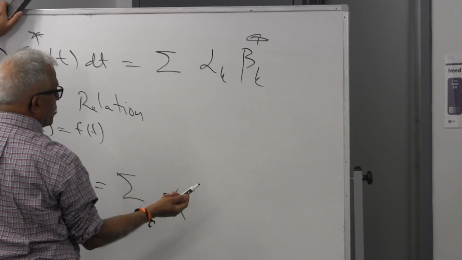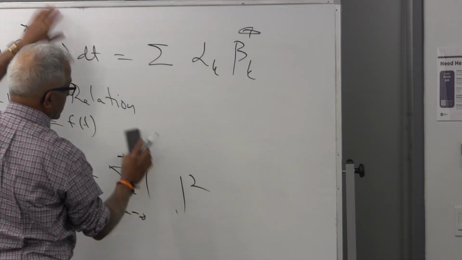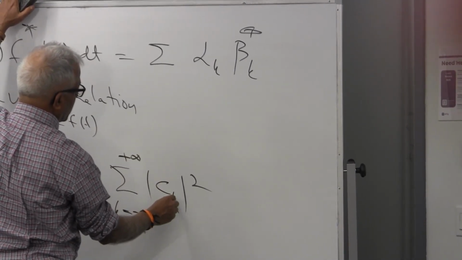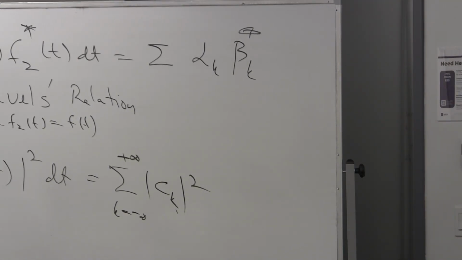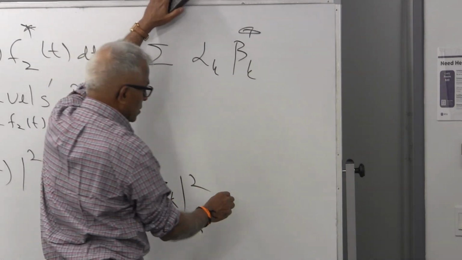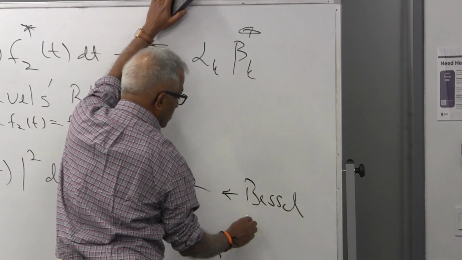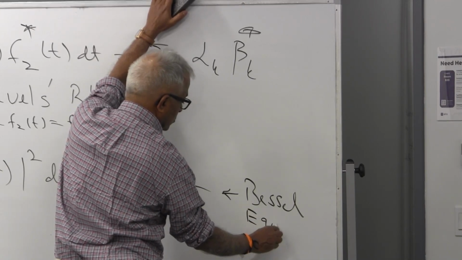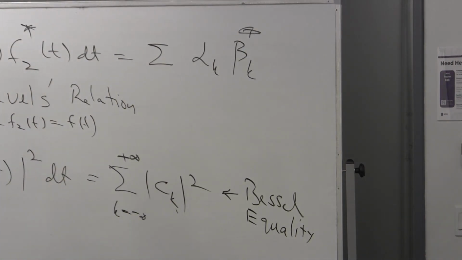So a number multiplied by its conjugate is called what? Now I can write the values as c_k, right? For f(t) it is c_k. Alpha k's role is played by c_k. So we have this relation. This is known as the Bessel, I could be flipping these two, right?